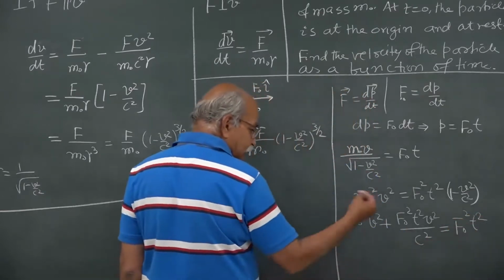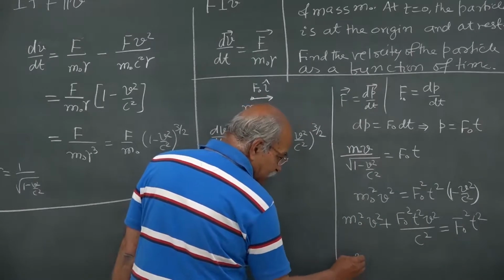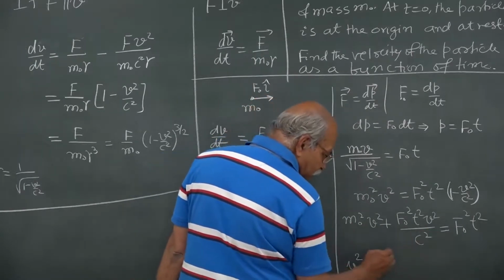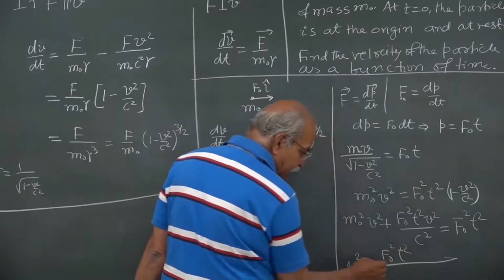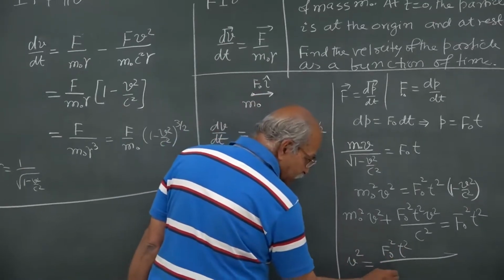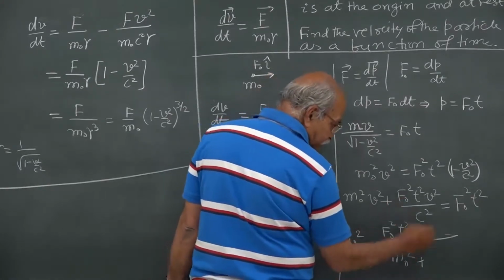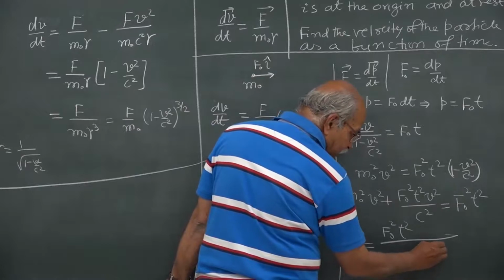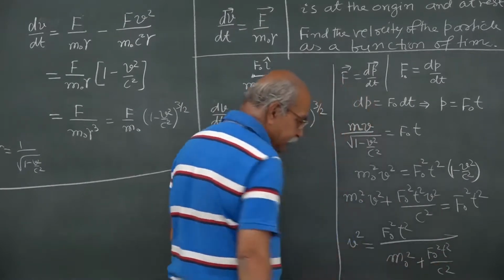You can take v square common and divide on the other side. So, v square is equal to F naught square t square divided by m naught square plus F naught square t square divided by c square.